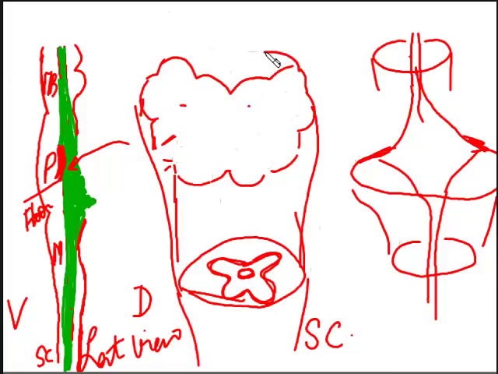So suppose a section is going through here. This is showing you the floor of the fourth ventricle. Here, because you don't have the central canal and you have very little nervous tissue, the gray matter gets broken up into little islands. You'll see little islands of gray matter, and these islands will really correspond to the cranial nerve nuclei.